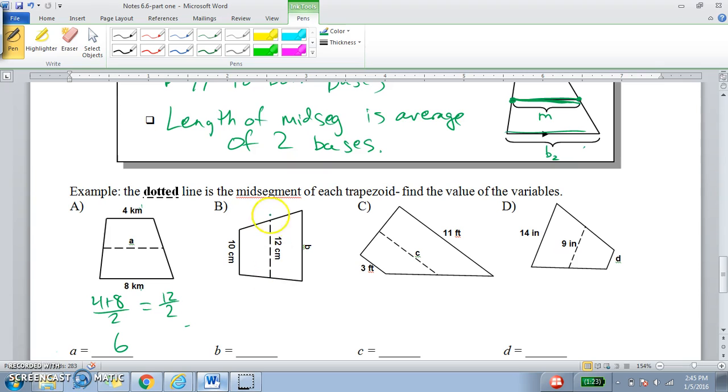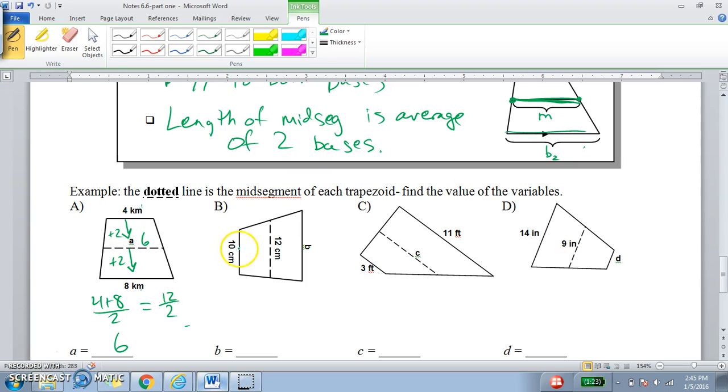If instead you're given the midsegment and you have to find the other base, it's a little bit trickier. So if I write this in, this is 6, I can notice that to get from 4 to 6, I add 2. To get from 6 to 8, I also add 2. So to find a missing base, we can use a similar process.